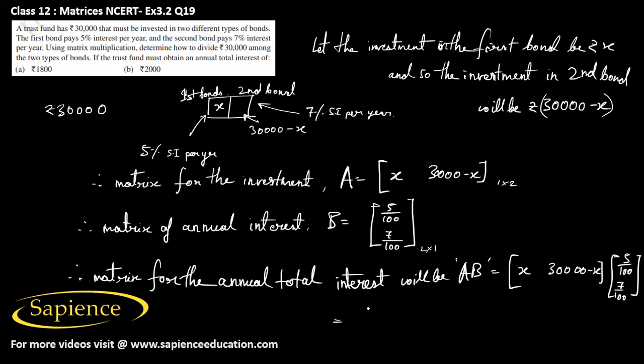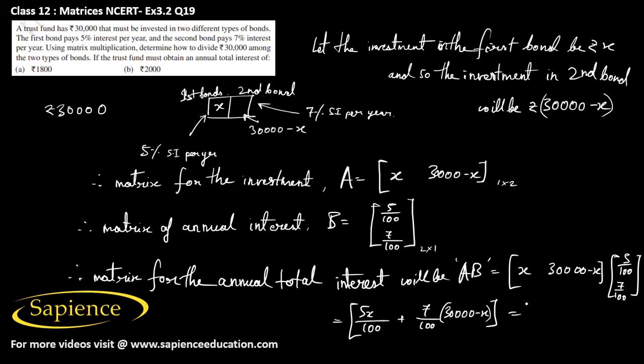So this will be equal to 5x by 100 plus 7 by 100 into 30,000 minus x. So only one element it will have.